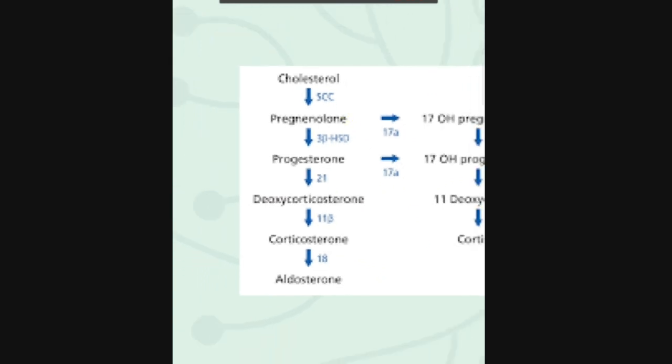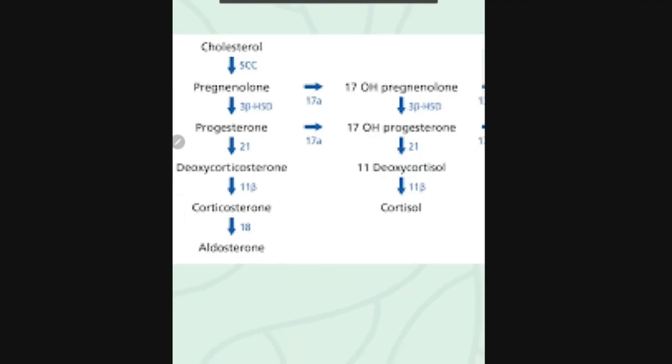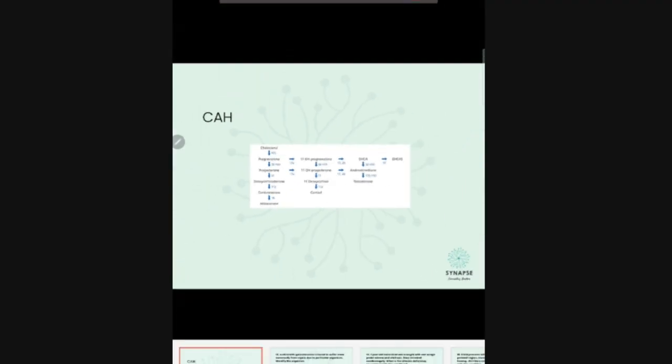Next, in 17 alpha hydroxylase deficiency, the cortisol pathway will get affected. Then everything goes to the aldosterone mineralocorticoid side, and I'll have increased aldosterone. Increased aldosterone causes salt and water retention, which itself can cause hypertension. So two enzyme deficiencies present with hypertension: 17 alpha hydroxylase and 11 beta hydroxylase.